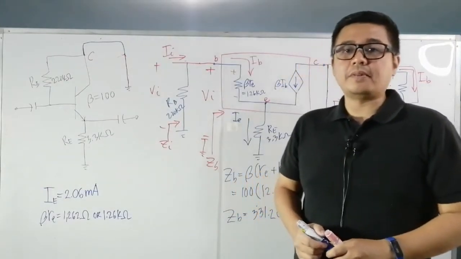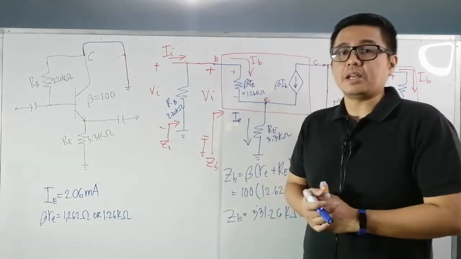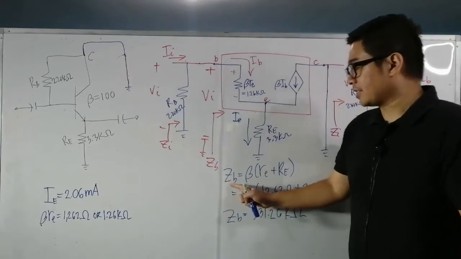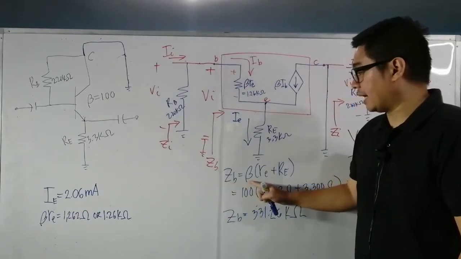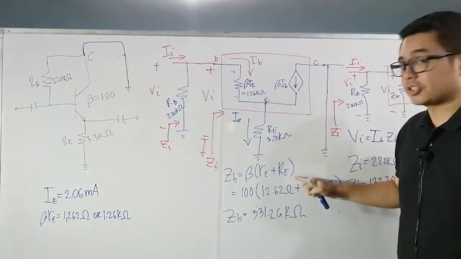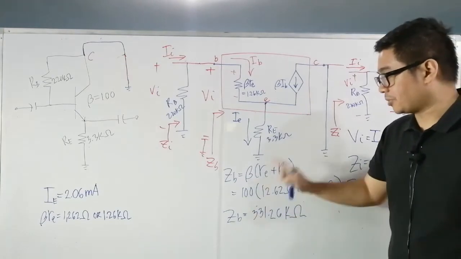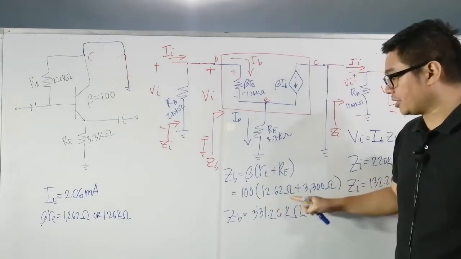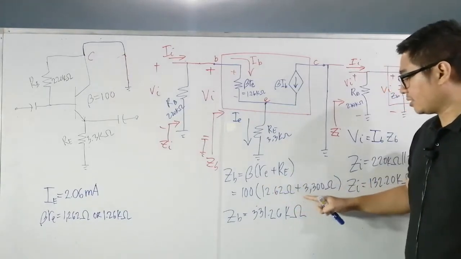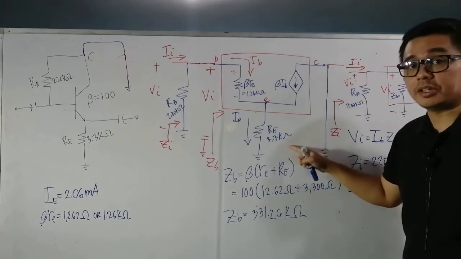Let us now substitute the values of the resistances dito sa ating Z sub B equation in order for us to get its value. We have derived the Z sub B equation earlier. We have beta, so naka-factor out yung beta, no? AC emitter resistance plus the external resistance connected to the emitter terminal. I-substitute lang natin yung values. We have 12.62 ohms for RE na maliit, plus 3,300 ohms for R sub E, which is 3.3 kilo ohms.